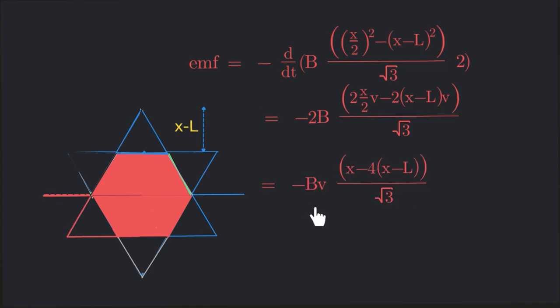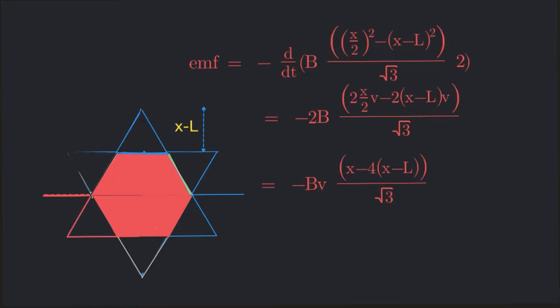Finally we have the EMF varying as this. In both the cases you can check that the EMF is proportional to x raised to power 1, so it is changing linearly. So the graph of both the parts should be a line graph.